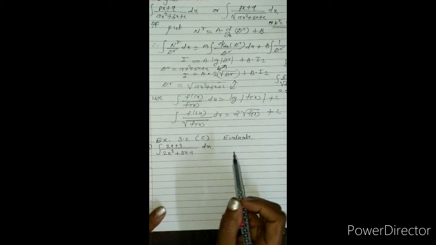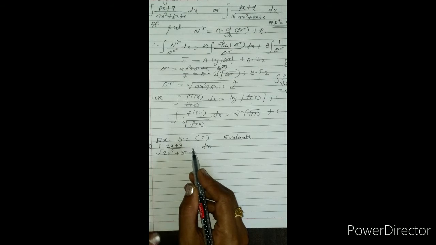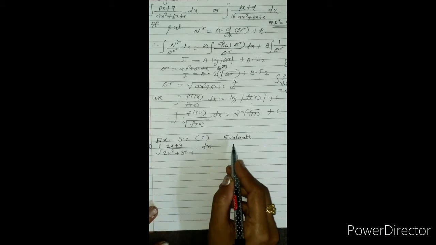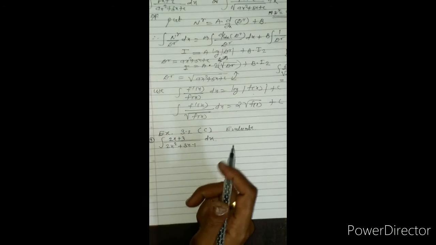Now we solve some examples from exercise 3.2. There is only one type of question, that is evaluation of the integrals. We see question number 3: integral of (2x + 3) upon (2x² + 3x − 1). Here the numerator is 2x + 3 and the denominator is 2x² + 3x − 1.